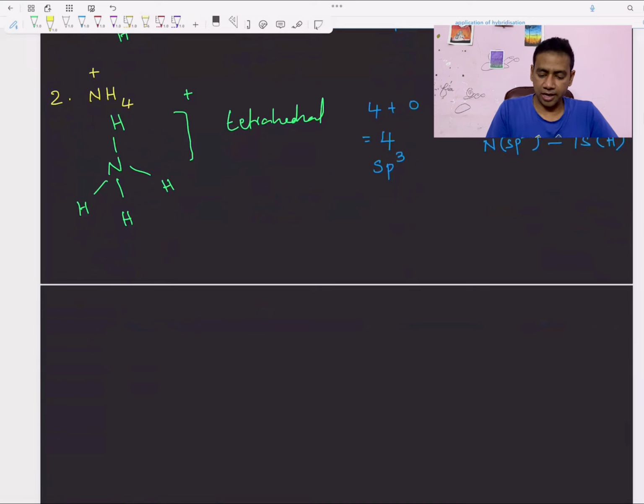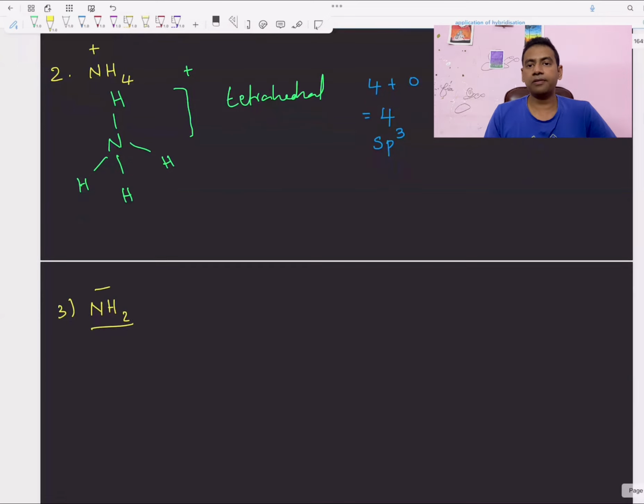Now let us take another molecule, the amide ion, NH2 minus. In the case of the amide ion, nitrogen belongs to the fifth group, N minus. Let us consider that additional negative charge on nitrogen. Therefore there are 6 valency electrons.